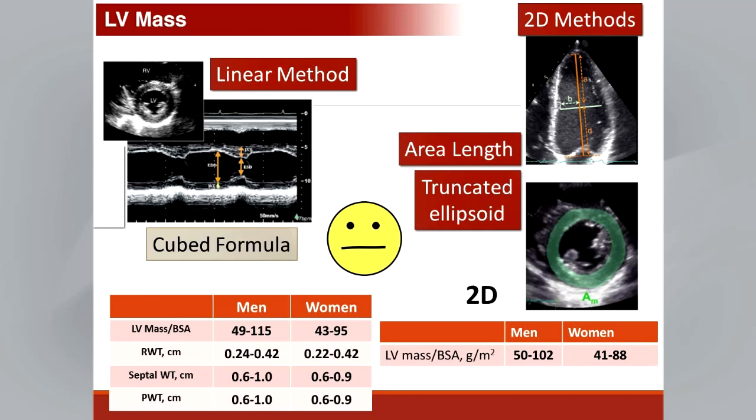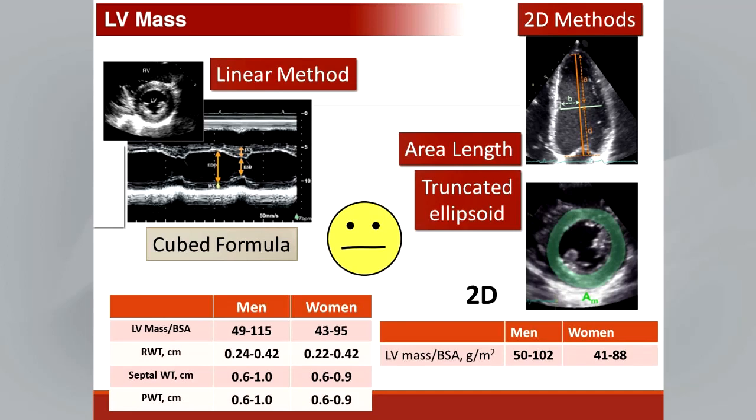It is advantageous because it is simple, quick, and subject to less measurement variability. The 2D method has the advantage that it can accommodate the shape of the left ventricle and account for changes in left ventricular size that might occur along the long axis of the chamber.